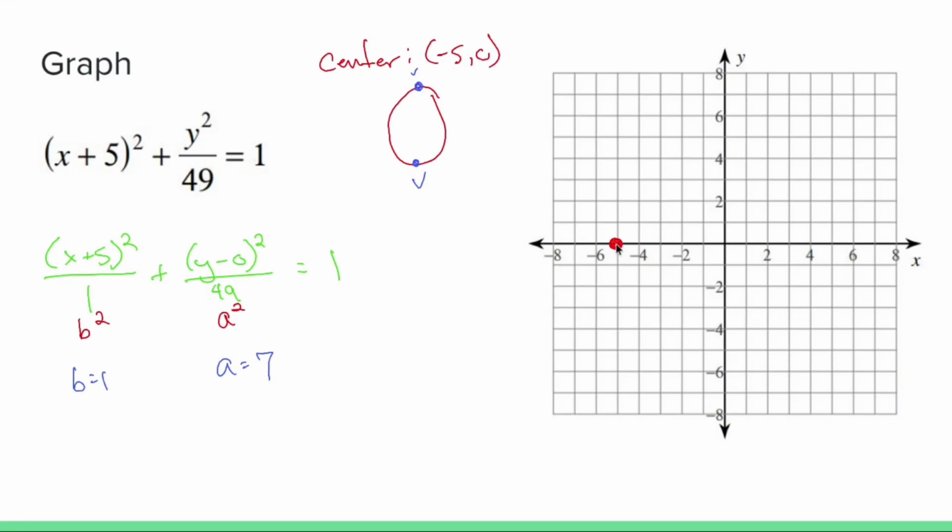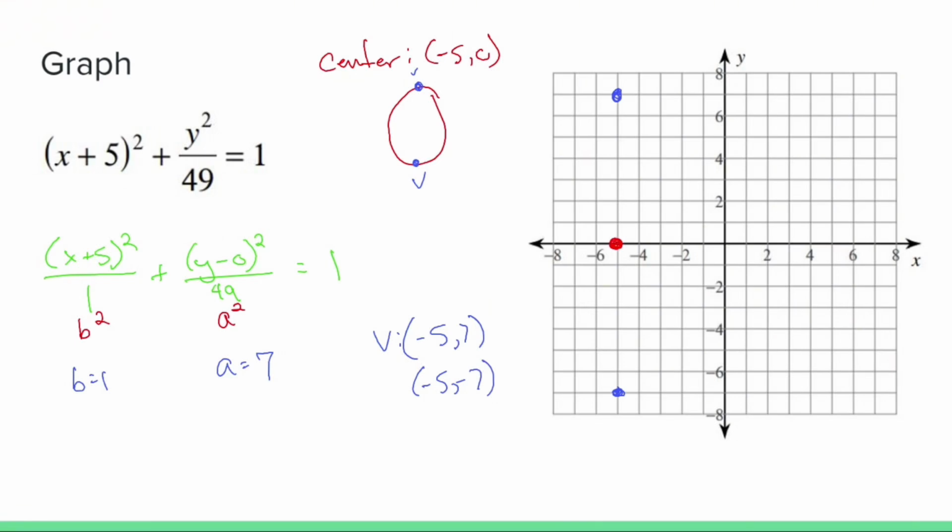So from my center, since this is tall and skinny, I'm going to go up 1, 2, 3, 4, 5, 6, 7 to put a dot there. Similarly, my other vertex is going to be 1, 2, 3, 4, 5, 6, 7 below it. That gives me vertices at the 2 points -5, 7 and -5, -7.